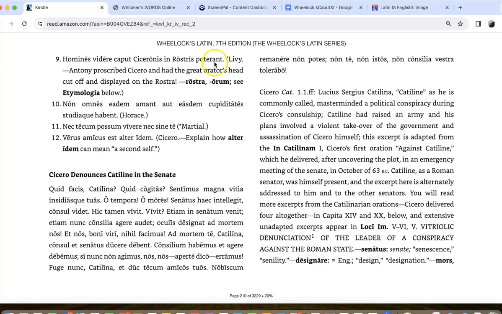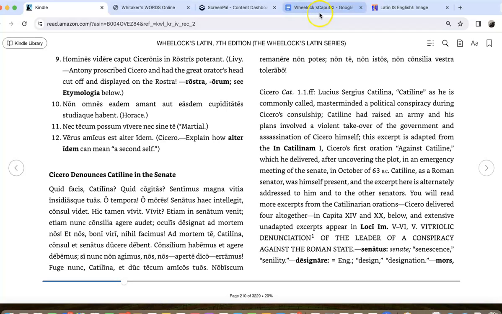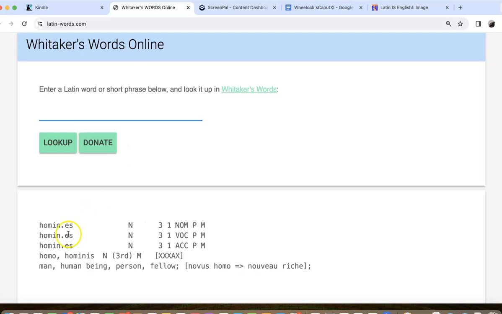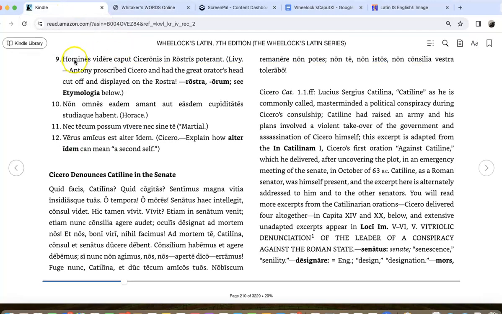The people, because homines means human beings, but human beings in English sounds too abstract. So man, human being, person. But if it's in plural, we can say people. So I'm going to go with people on this one, although populus would probably be more strictly speaking, but I think it works. So the people were able to see the head of Cicero on the rostra.